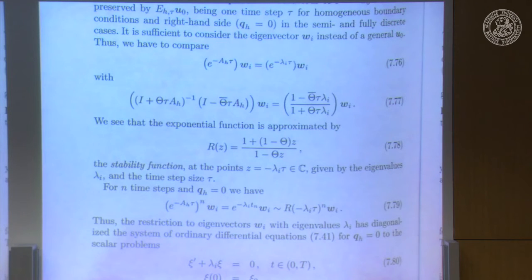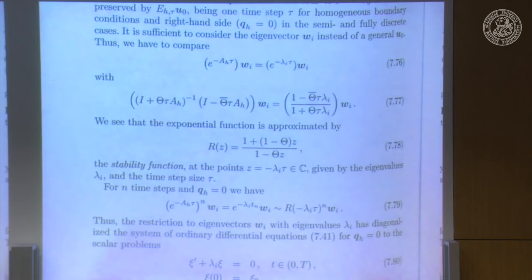We have to know what these functions do with the eigenvalues, and then we know what the full matrix function does. So we see now this rational function I've mentioned quite a bit. This capital R is just what we have on top, and the argument plugged into R is apparently minus tau times lambda_i. So it is important to notice that minus the eigenvalue appears here.